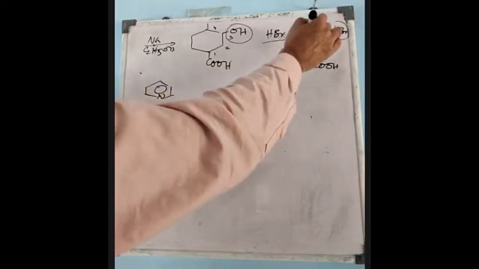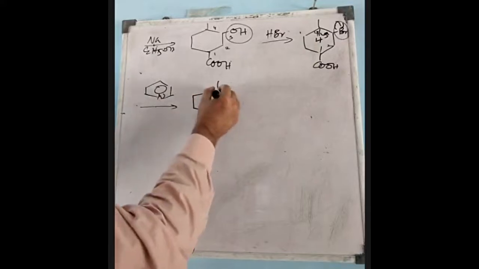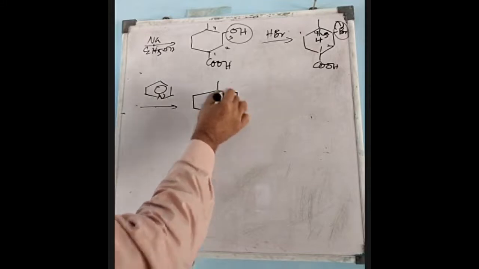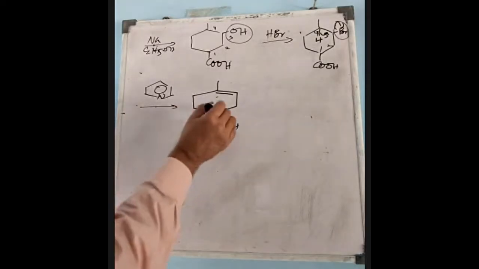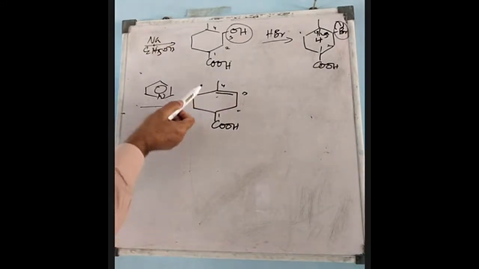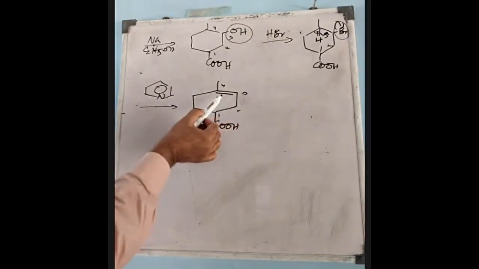If you write hydrogen from here and bromine from here, dehydrobromination takes place, and we will get this compound. Now again there is 1, 2, 3, 4. If you start from here, then it is 4-methyl 3-cyclohexene, 1-carboxylic acid, one possible name.